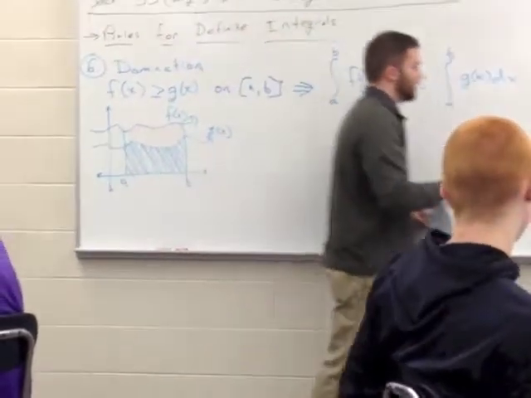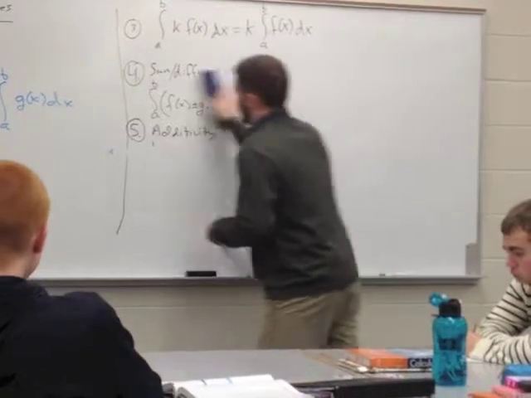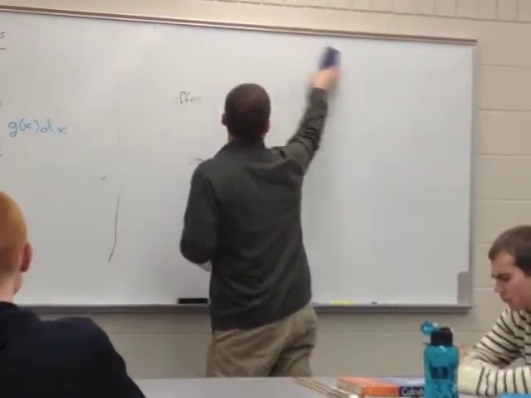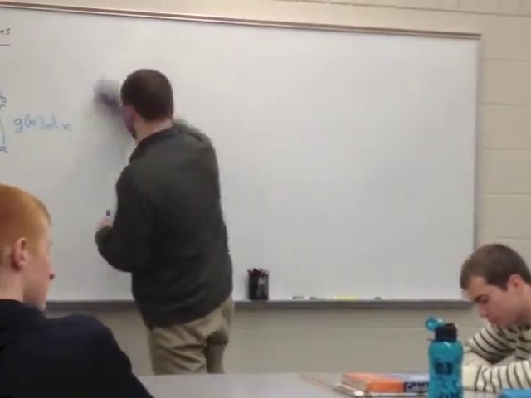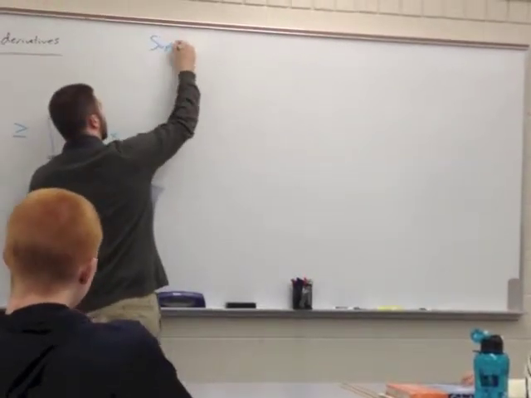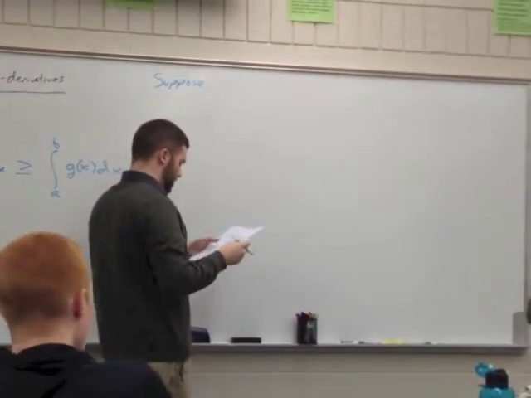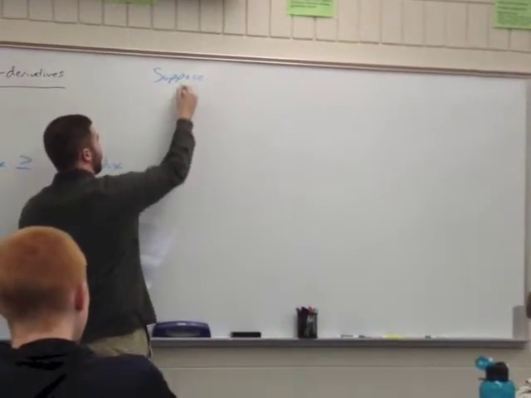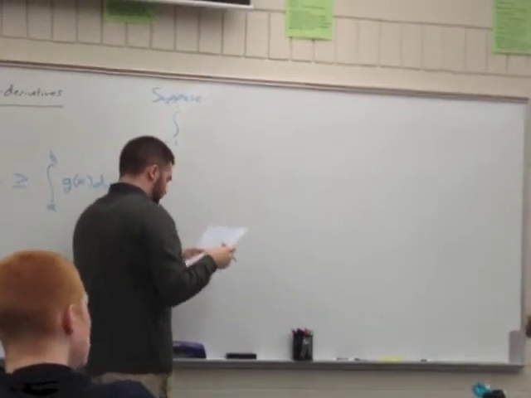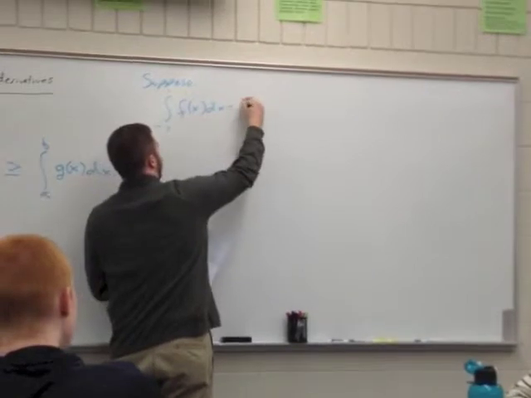Okay, let's try a couple examples. In fact, I'll let you try these on your own. Suppose we have this. The integral from -1 to 1 of f of x dx equals 5.